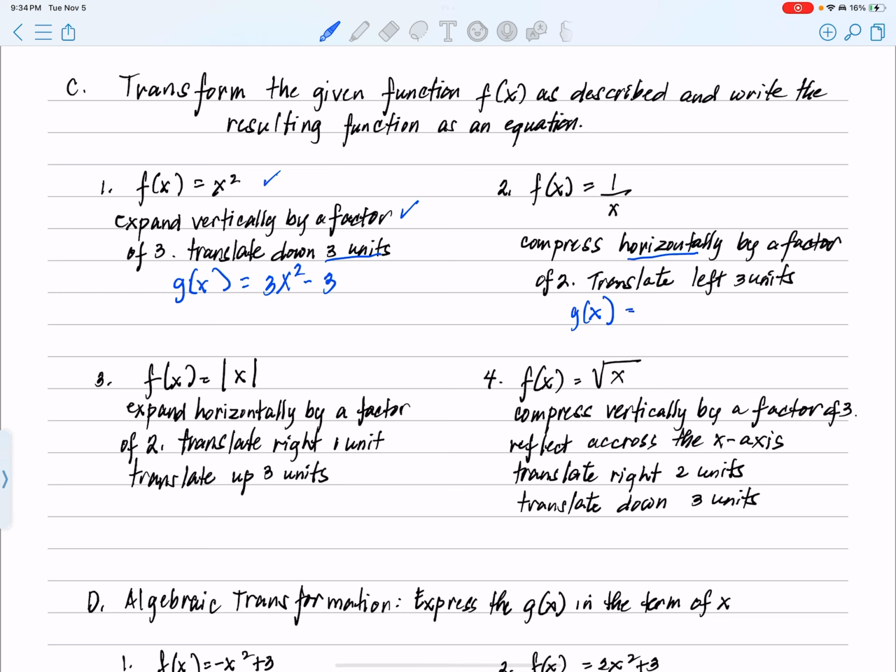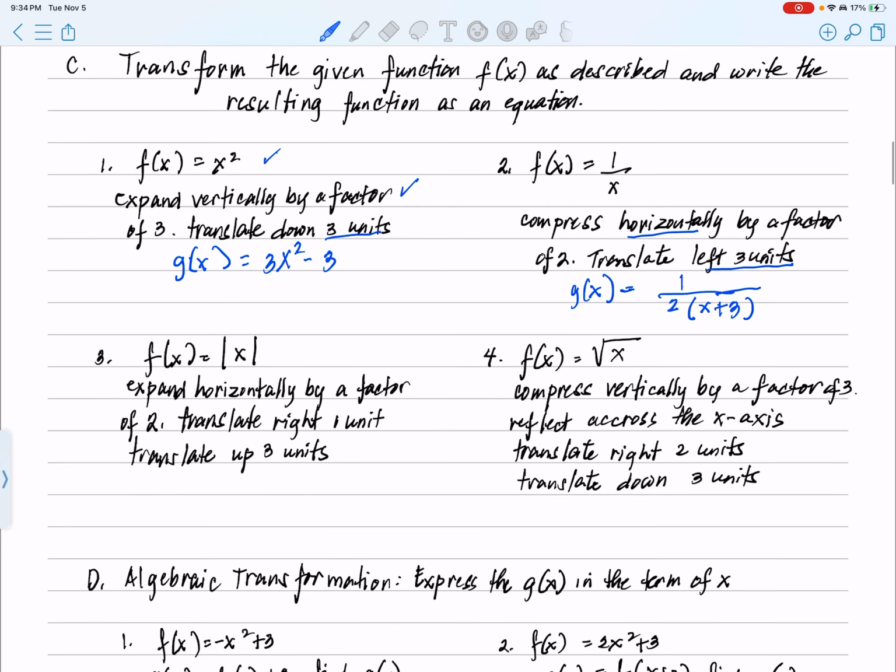So that means 1 over 2, wherein the x has been compressed, and then 3 units to the left. That means x plus 3. All right, that is how it has been translated.